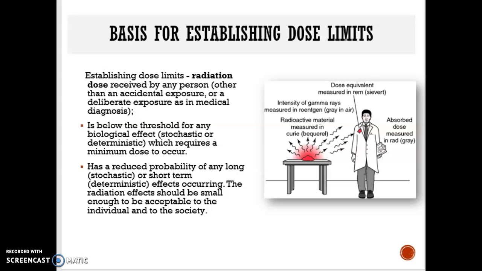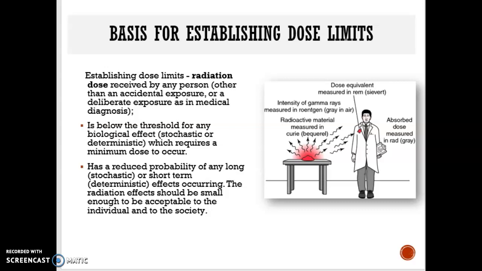Stochastic effects refers to the probability of having radiation-induced responses in the body. So, for example, it is a long-term effect, such as cancer may occur later on, and deterministic effects occur immediately. They are acute effects, and it's something that you are assured of obtaining.